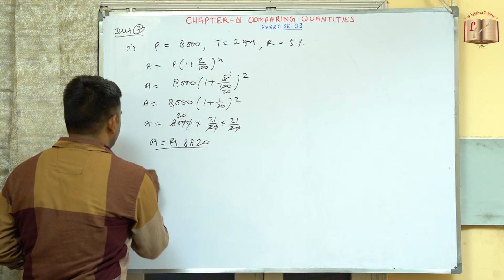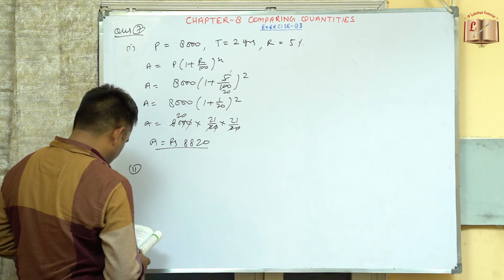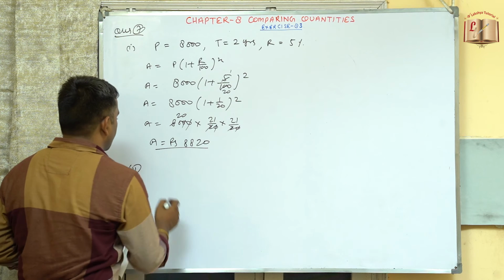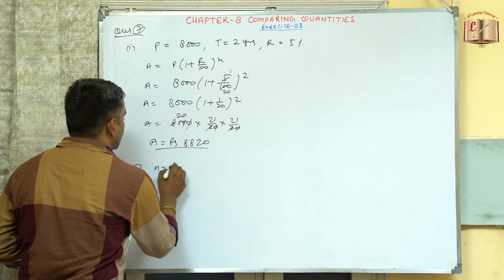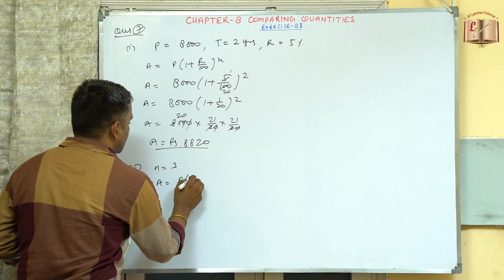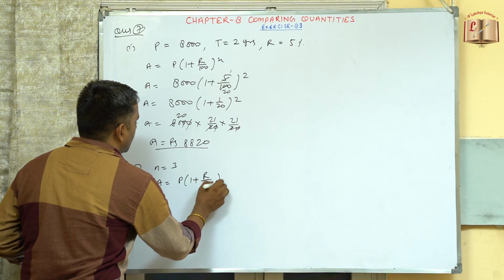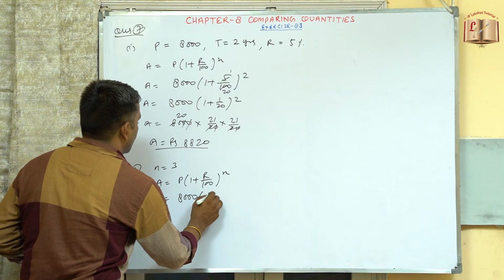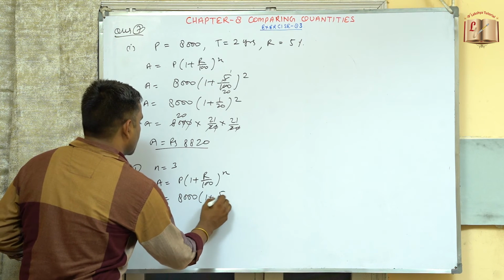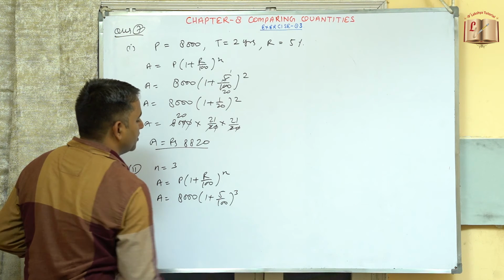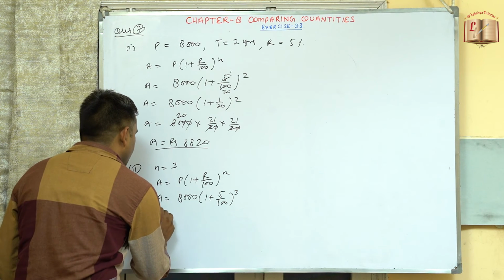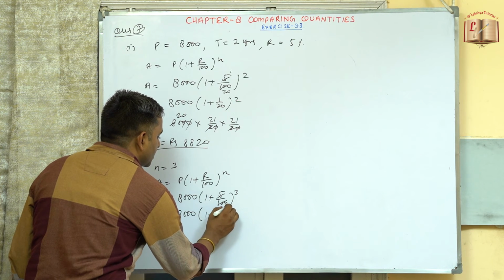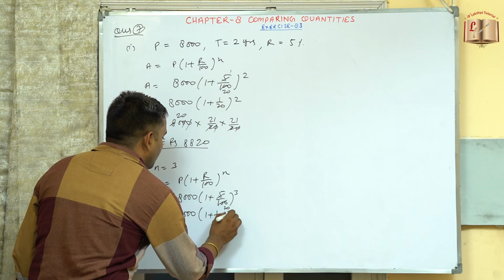So now coming to the second part, at the end of the third year. So we need to find out that at the end of the 3 years. So here n will be now 3. So A equals to P times 1 plus R by 100 to the power n. So A equals to now P is 8,000, 1 plus R remaining the same, 5 by 100. Now n will be 3 years because it is asked after 3 years. So A equals to now 8,000, 1 plus this is 1 by 20 to the power 3.